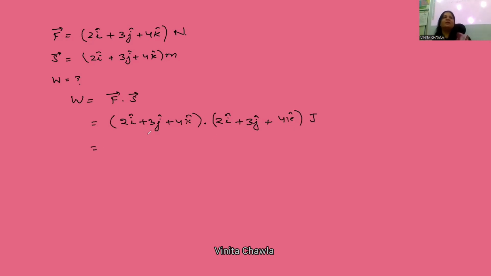Now, when we take the dot product, how do we take dot? We consider only i cap coefficients and do not multiply i cap and j cap because we get 0, no need to multiply. So it's 2 into 2, i cap dot i cap. So we can write 2 twos are 4 plus 3 threes are 9, 4 fours are 16 joule. What is the answer? It's 29 joule. Write the answer.